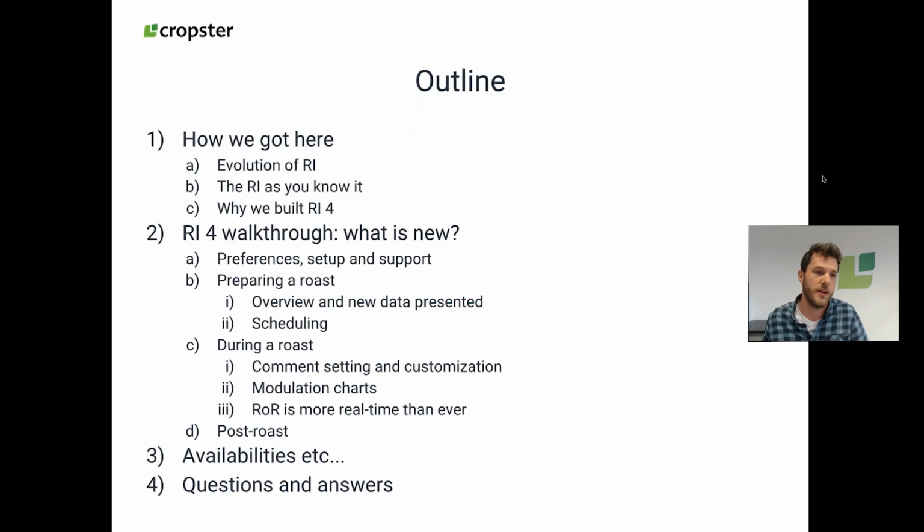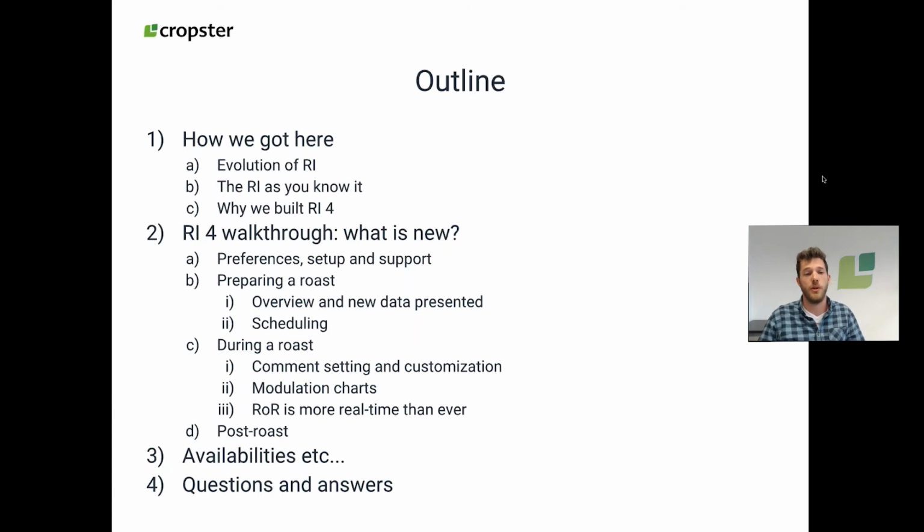So now, let's jump in. Let me give you a quick idea of what we plan to discuss today. First, a little bit of an introduction on how we got here, looking at the past years of Roasting Intelligence, going through the Roasting Intelligence as you know it today, and providing some reasoning why and how we built Roasting Intelligence 4. Then the main part will be the walkthrough of what is new.